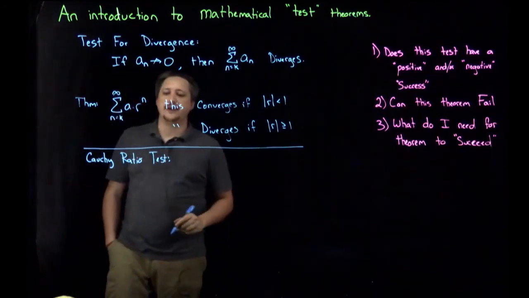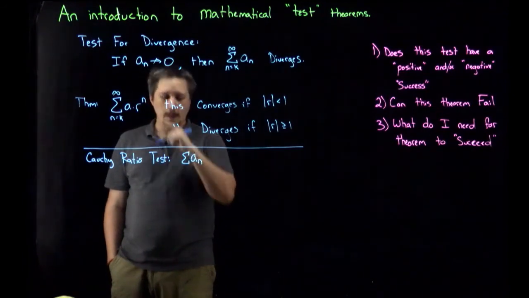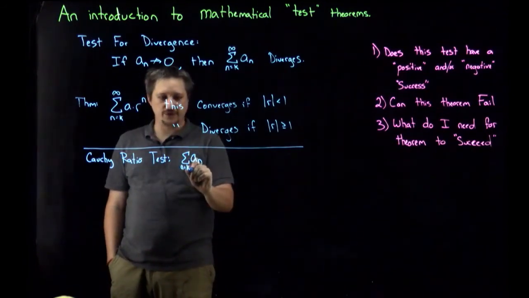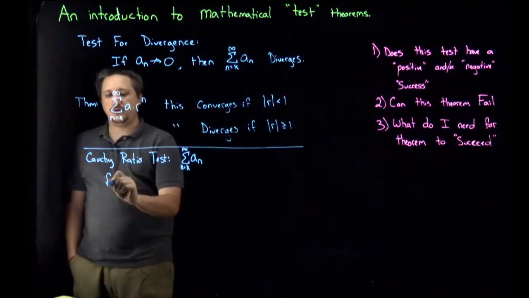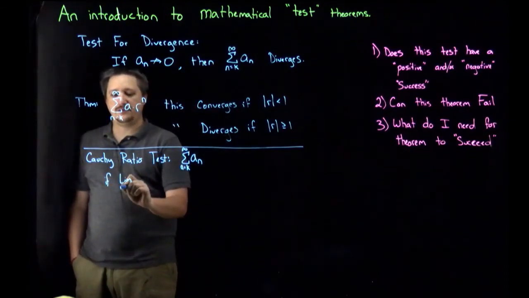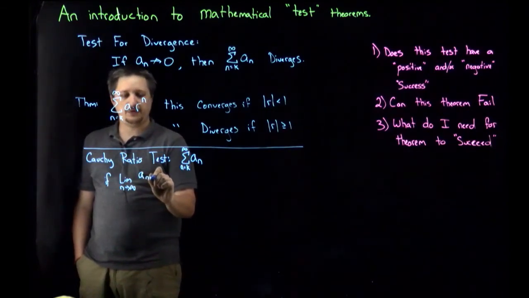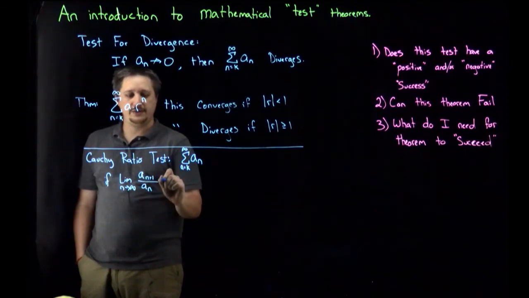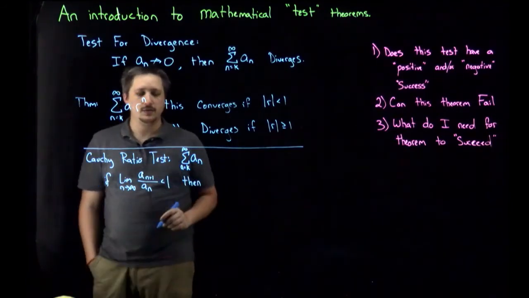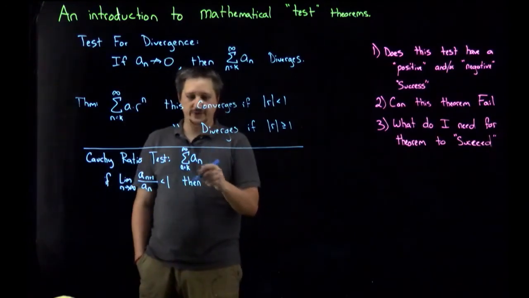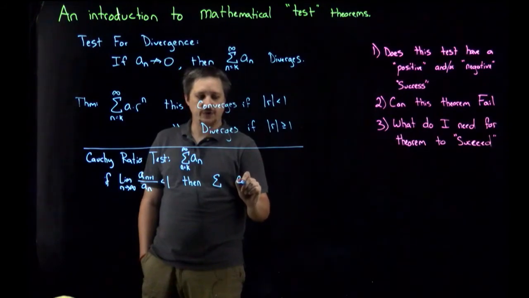This theorem says that if you have some series a_n for n going from some start point to infinity, and the limit as n goes to infinity of a_{n+1} over a_n is less than 1, then this series, I'm just going to shorthand it as that thing, converges.